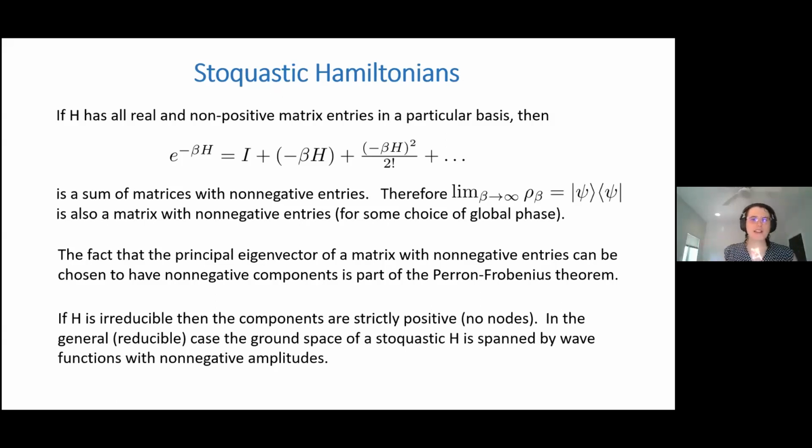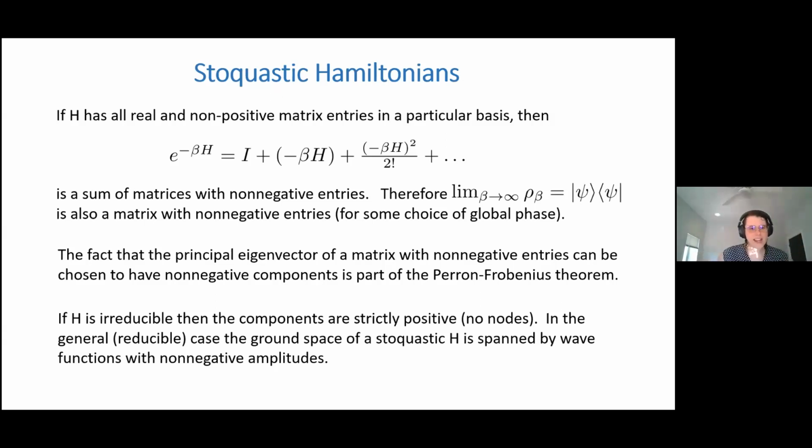Okay, so the fact that the principal eigenvector of a matrix with non-negative entries can be chosen to have non-negative components is really the central content of the Perron-Frobenius theorem. This is a quick and easy proof argument for that. But Perron-Frobenius also gives us a little bit more in general.